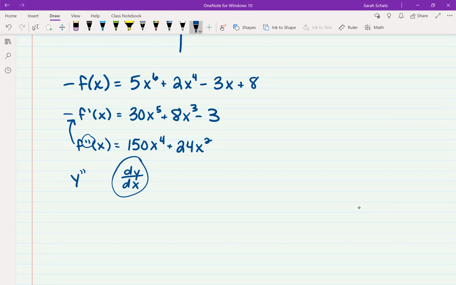It wasn't as common, we don't use it as much, but it's a way to write it. This is how we asked for the first derivative. If we want the second derivative in that same notation, it would just have some 2's in there. So if you ever see this, this is the second derivative also.